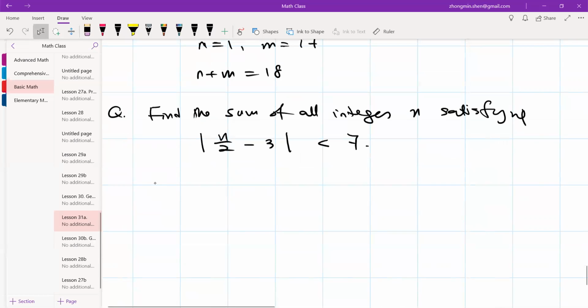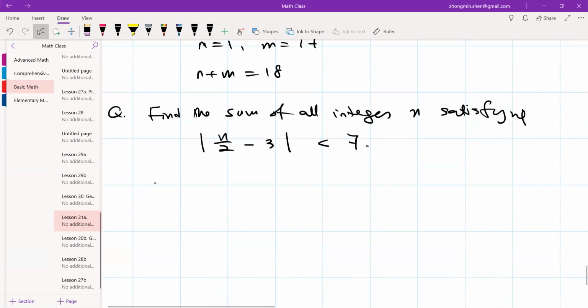For this problem, you cannot solve it by guessing. For example, n could be 0, less than 7. N could be 0, right? So to solve this problem, you have to solve the inequality. And we did this same problem before.